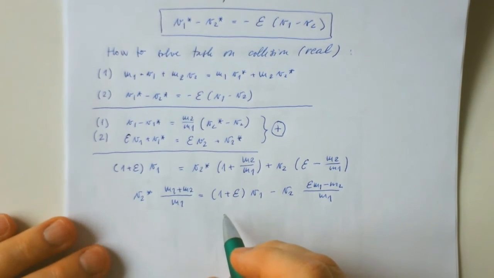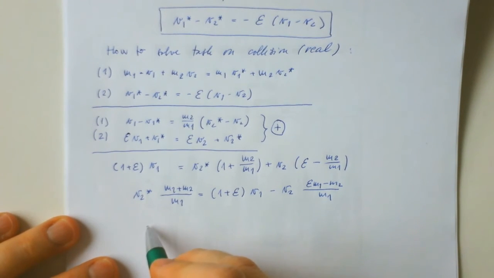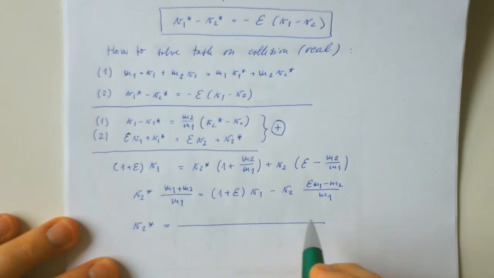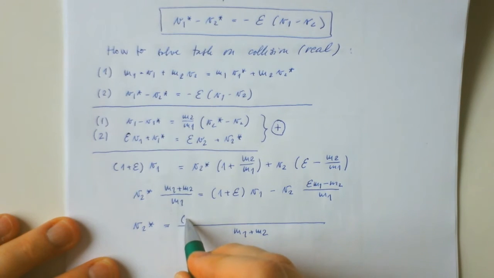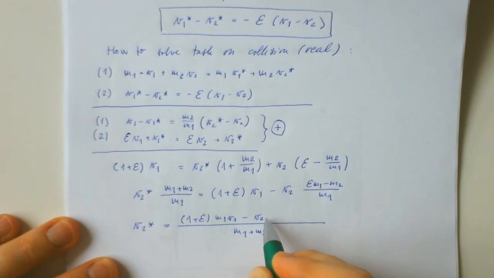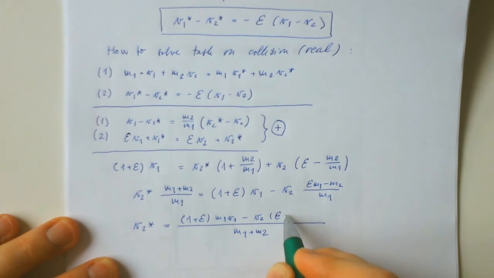So finally we can write the result that v2 with star is a big fraction, in the denominator m1 plus m2, and in the numerator (1 plus epsilon) m1 v1 minus v2 times (epsilon m1 minus m2).